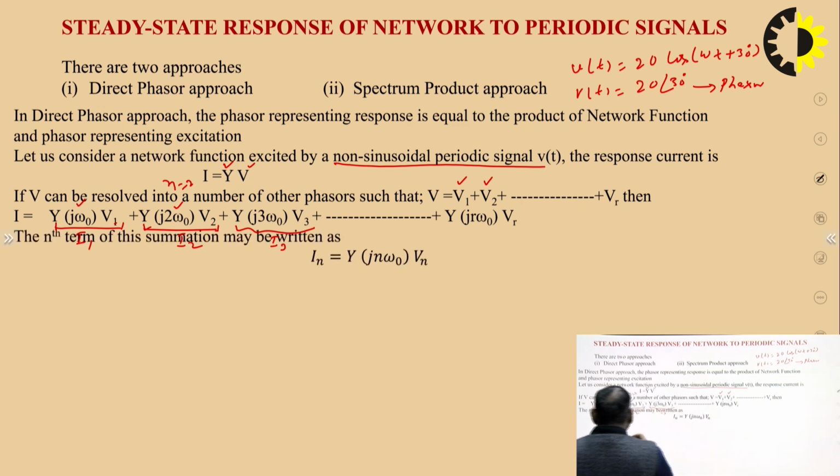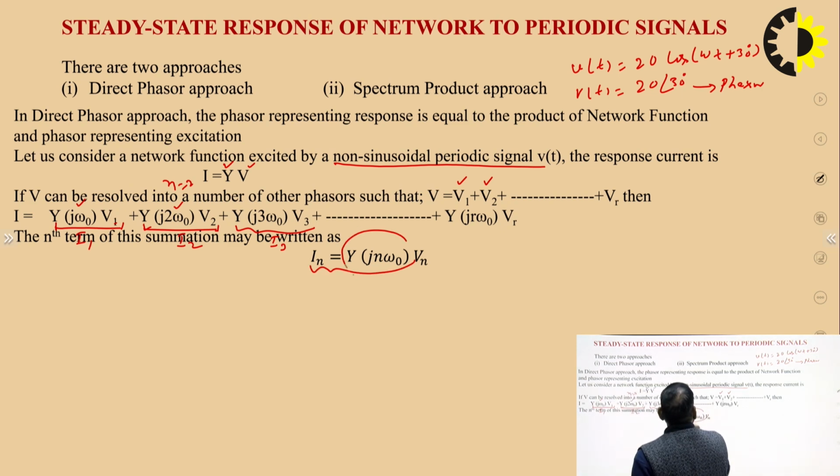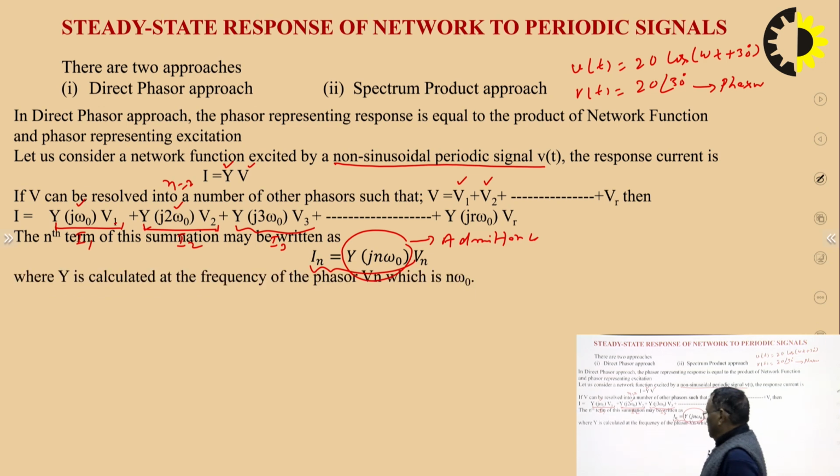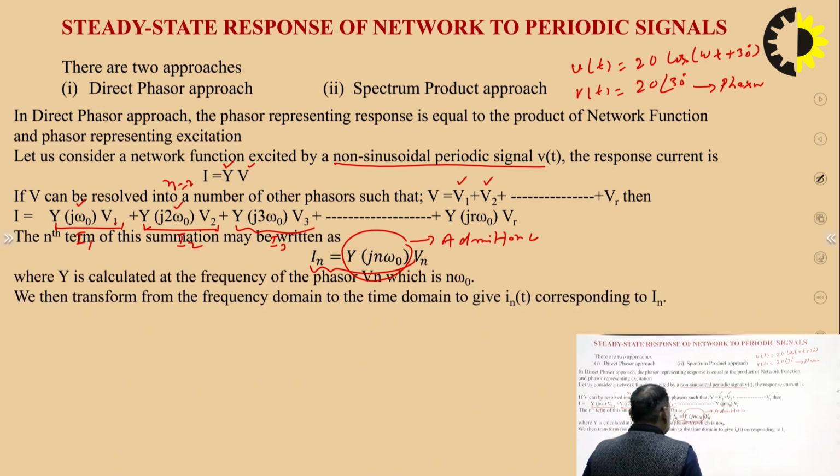For the nth term, the current expression can be written as the admittance times the nth value of the signal. So this is the nth component of the current.